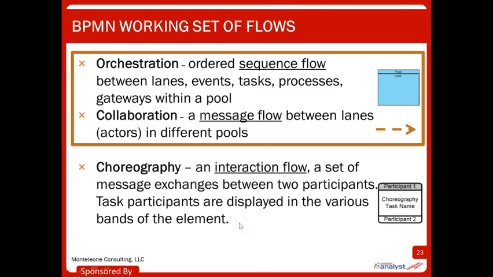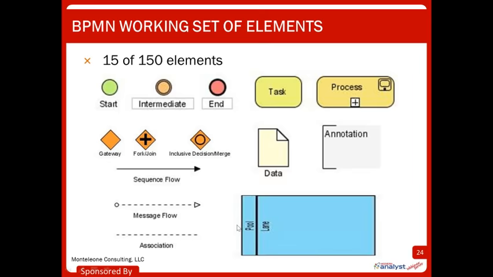Okay, if we look at working elements, remember we said there were about 150 of them, and typically if it acts like a language, you're going to need about 15. So let's just take a look at some of these.